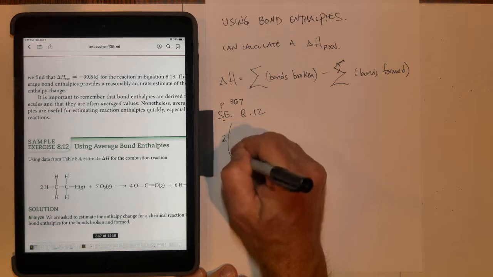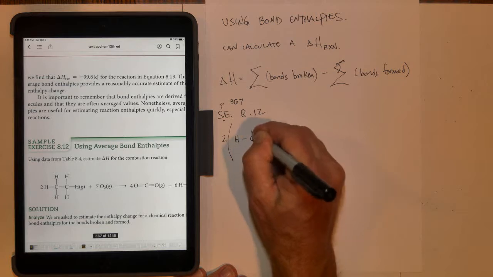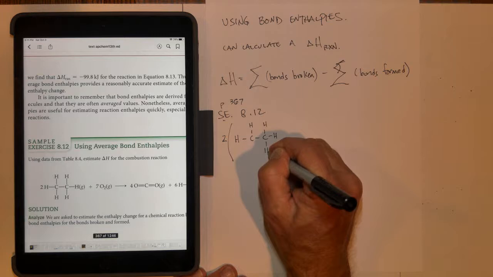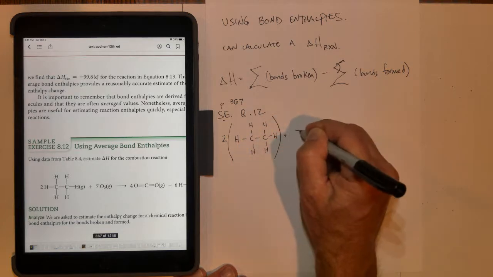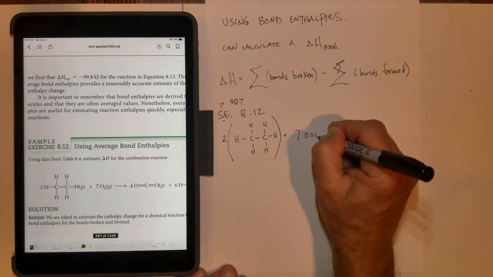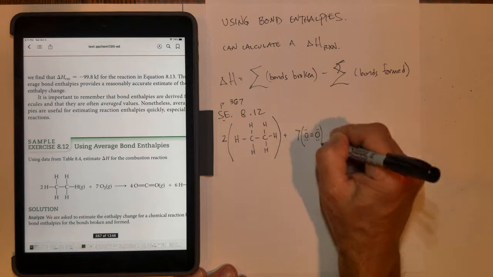There's two of the molecule ethane, and this is the Lewis dot structure for it, plus 7 of these O2's. And I'm going to draw the Lewis dot structure for it right away. In case you don't know, the Lewis dot structure for oxygen has a double bond in it like that.